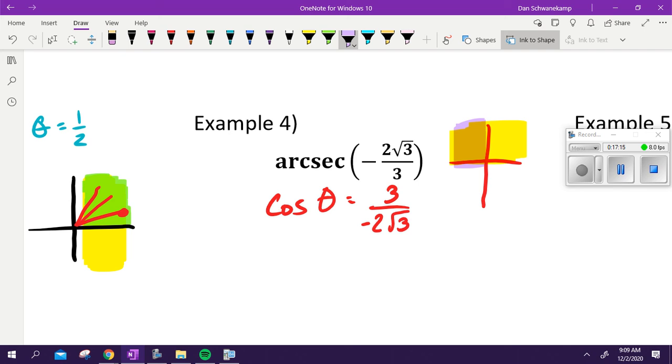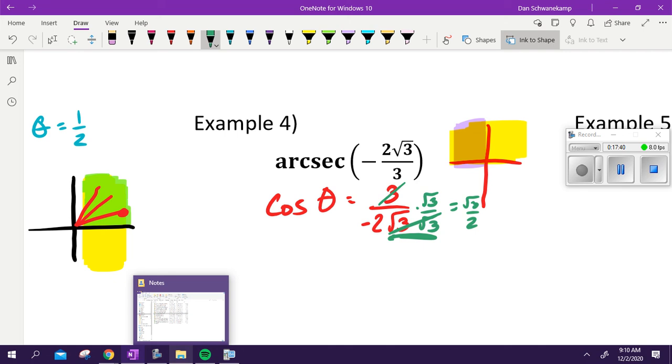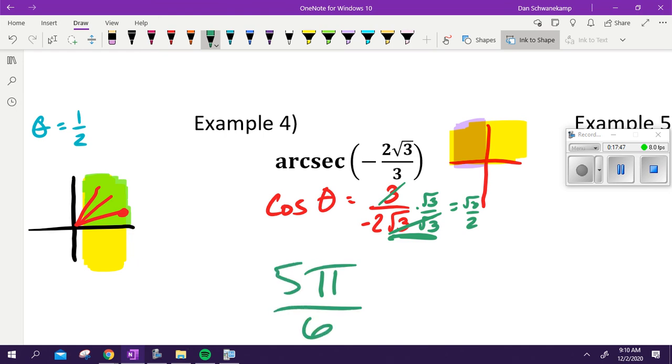I want cosine to get me that. That's really bad. I've never gotten 3 over negative 2 radical 3. What do you think that really means? This is the same thing as radical 3 over 2, because what they did here is they already rationalized it. This right here is 3, because radical 3 times radical 3, those two things would cancel. Oh, yeah, it's negative radical 3 over 2. So where on my unit circle is cosine negative radical 3 over 2? That is at 5 pi over 6.